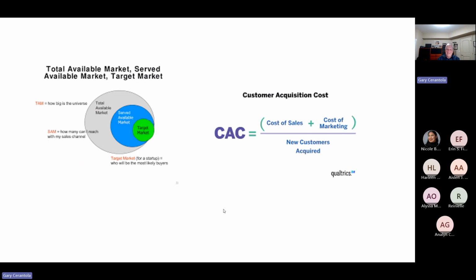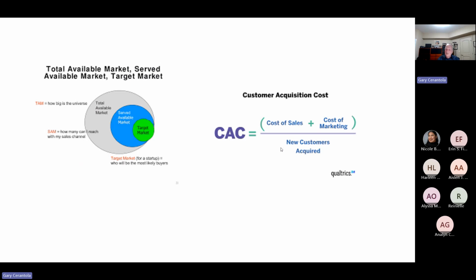But here's the kind of things that you should know, though, is that if you're going to take a look at starting a business, you should know what it would cost to acquire customers. And how to calculate a CAC is: what would it cost to sell to them? What would it cost to market to them? And then you divide those costs over the new customers that you acquire.